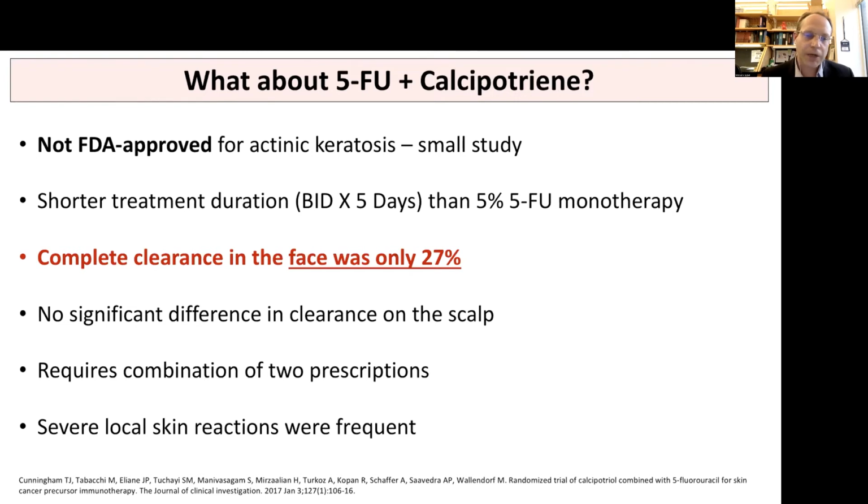But the complete clearance rate of this combination on the face was only 27%. There was no significant difference in clearance on the scalp. It does require the combination of two prescriptions, and there are still local skin reactions that occur. And so I think it's important to understand that combining calcipotriene is not a holy grail for field therapy in actinic keratoses.